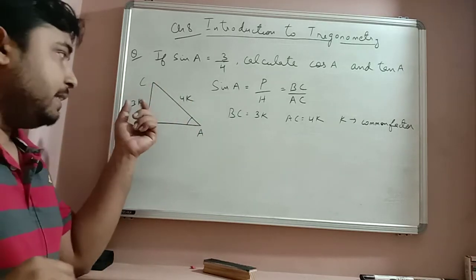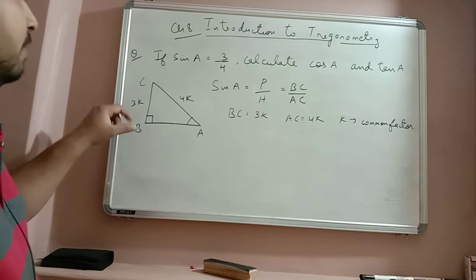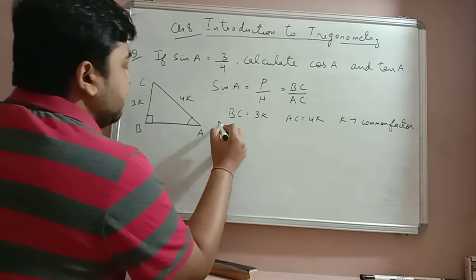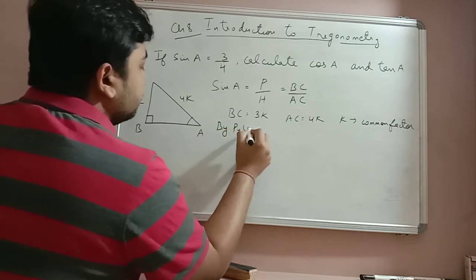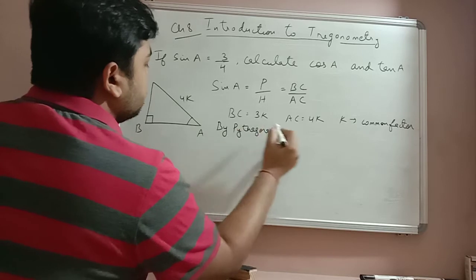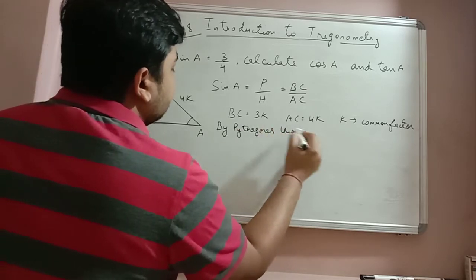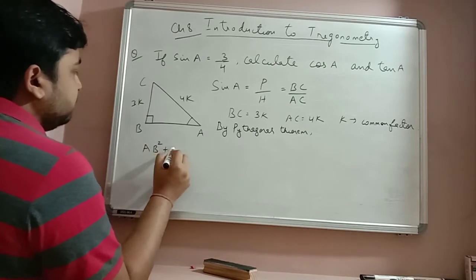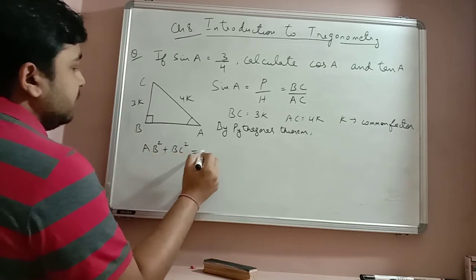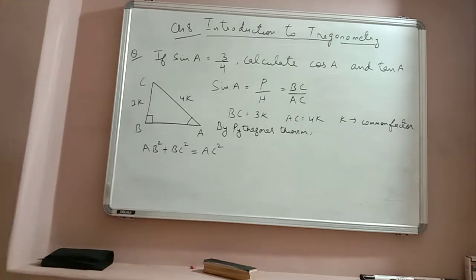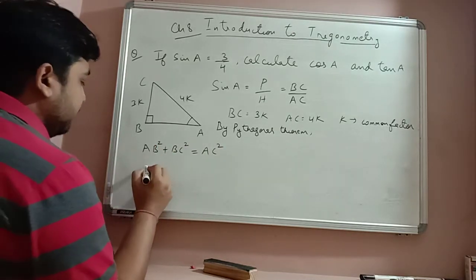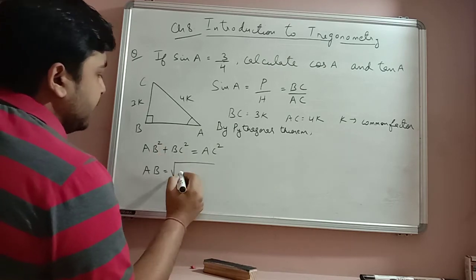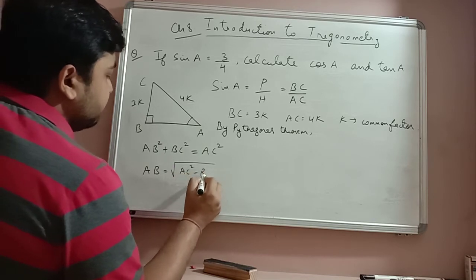Now by Pythagoras theorem, AB square plus BC square is equal to AC square. Let's find out the value of AB. So AB will be equal to the square root of AC square minus BC square.